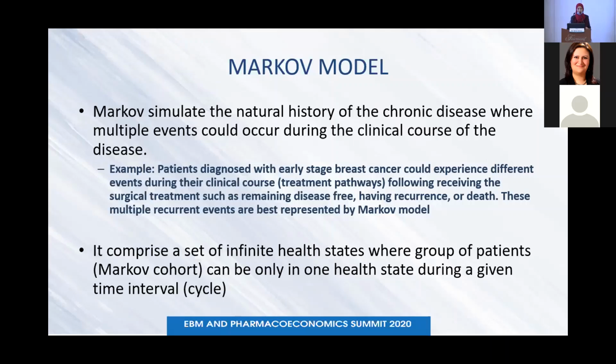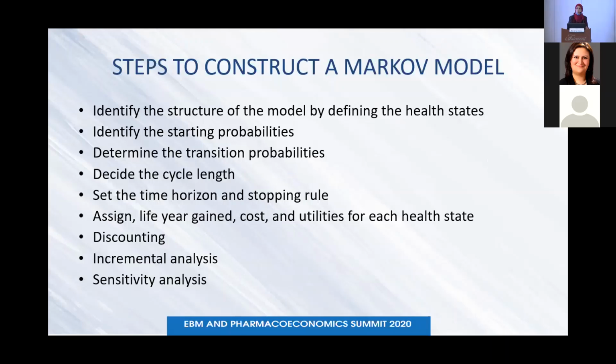Five minutes, okay. So quickly, I'll talk about the Markov model. The Markov model is the most commonly used for chronic disease, simulating the natural history of a chronic disease where multiple events could occur during the clinical course of the disease, okay? If we want to construct a Markov model, we first have to define the structure of the model. We have to identify the starting probability and define the transition probability, cycle length, time horizon, and the stopping rule.